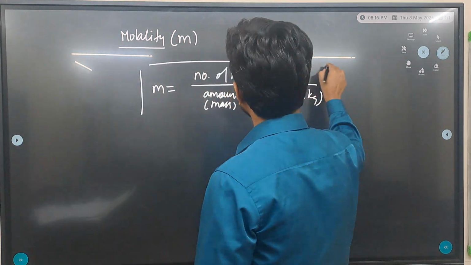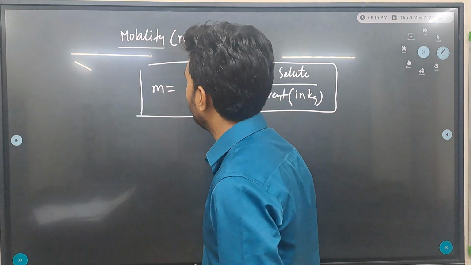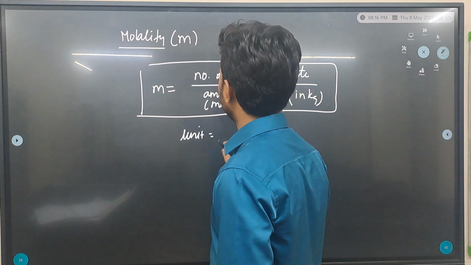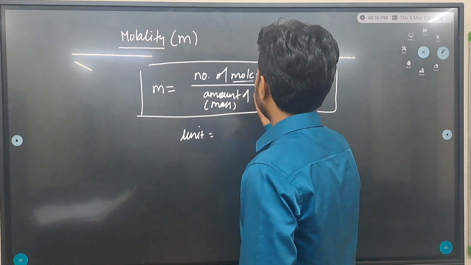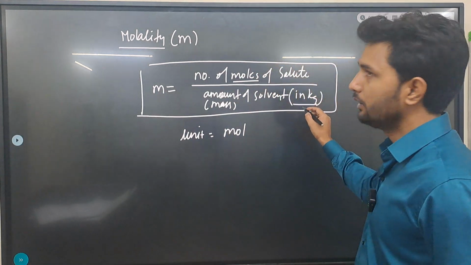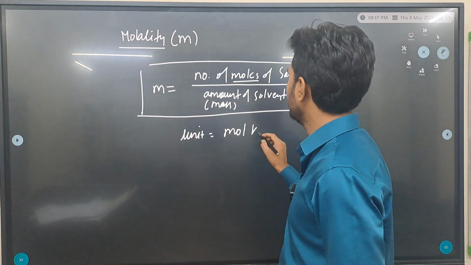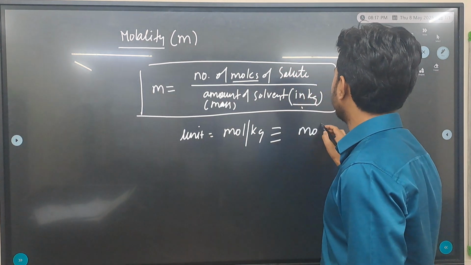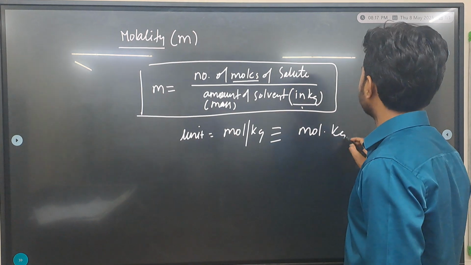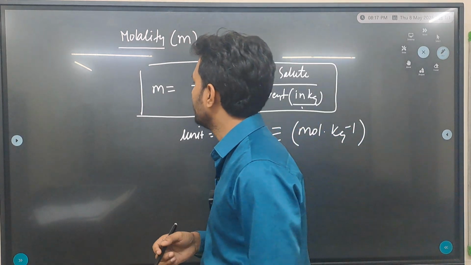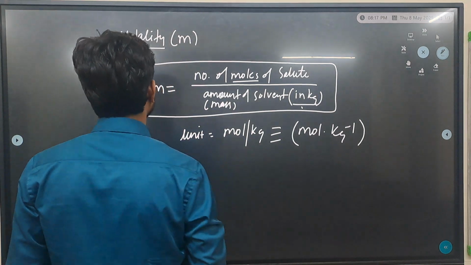This will be the formula for molality, and the unit will be mole per kg. You can also write it as mole dot kg inverse. Okay, this is the unit of molality.